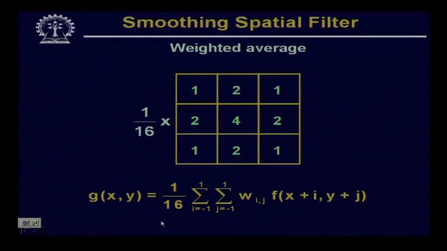In this mask, the center coefficient is equal to 4, the coefficients vertically up, vertically down, horizontally left and horizontally right are equal to 2, and all the diagonal elements of the center element are equal to 1. Effectively, when taking the average, we are weighting every pixel in the neighborhood by the corresponding coefficient, and what we get is a weighted average.